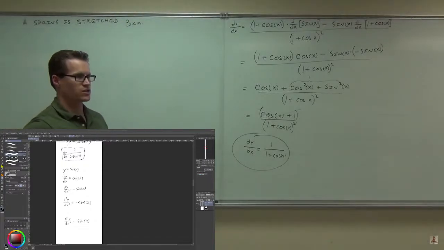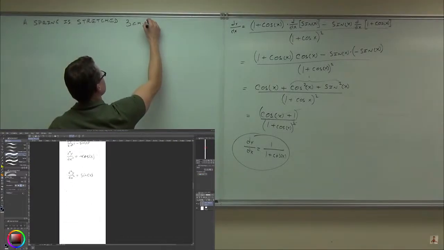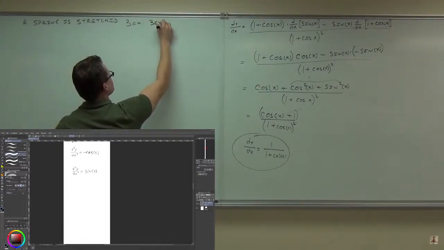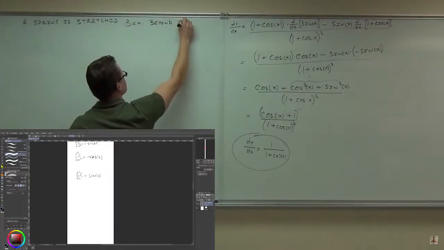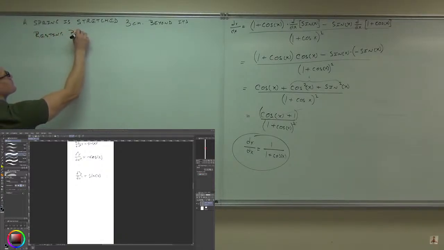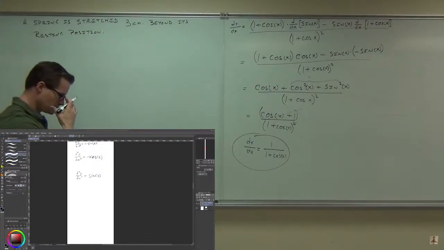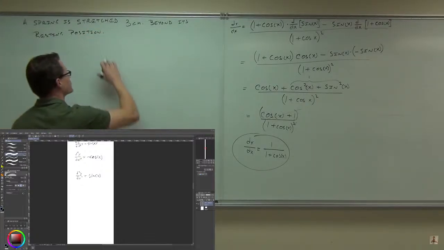A spring is stretched 3 centimeters beyond its resting position and released.